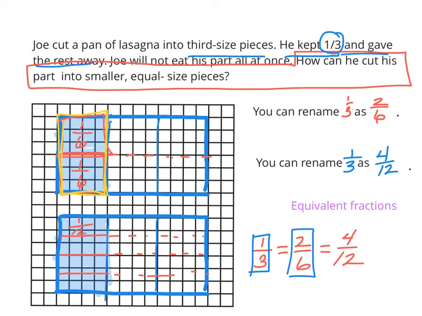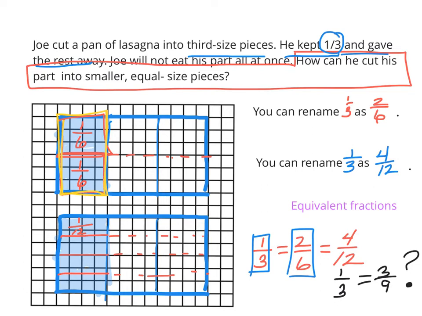Now here's another question for you. Does 1/3 equal 3/9? Pause this video and turn and talk to your partner about that. Okay, so does 1/3 equal 3/9? Well, yes, it does.